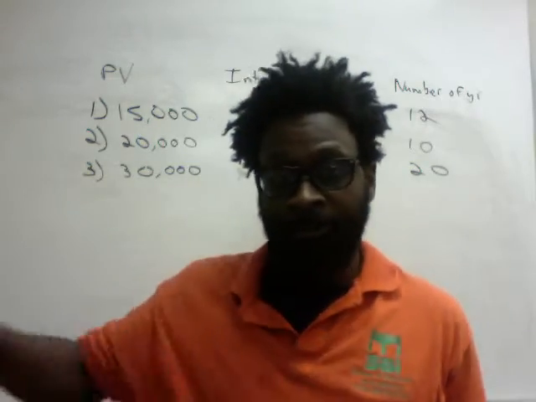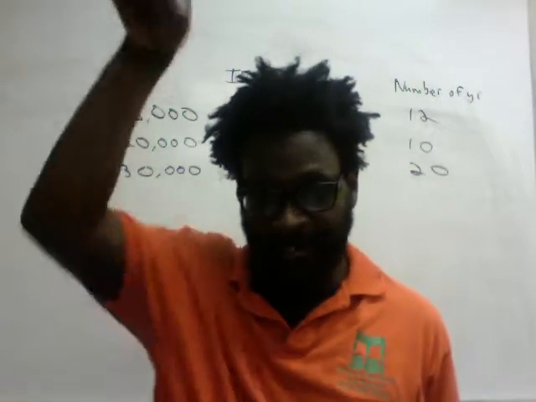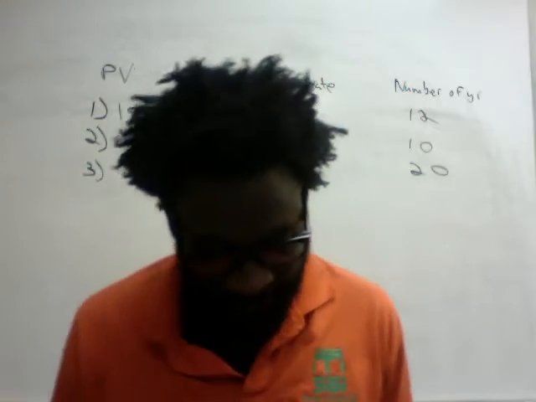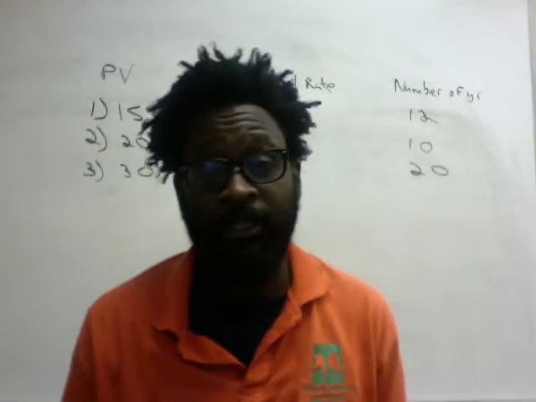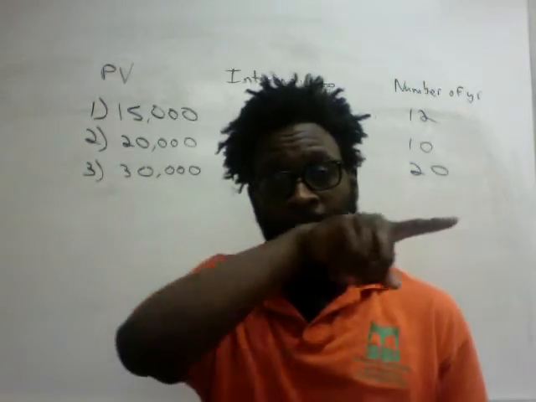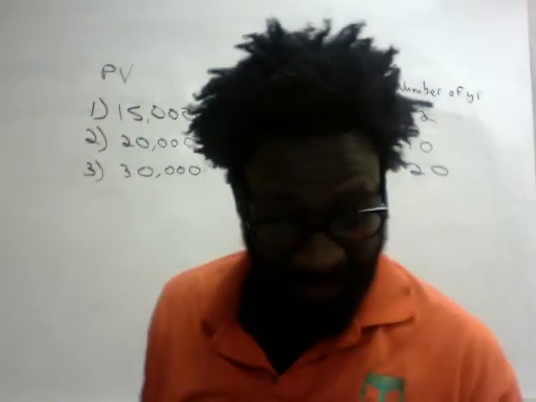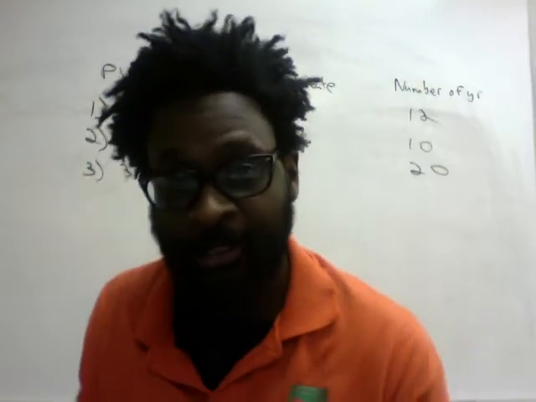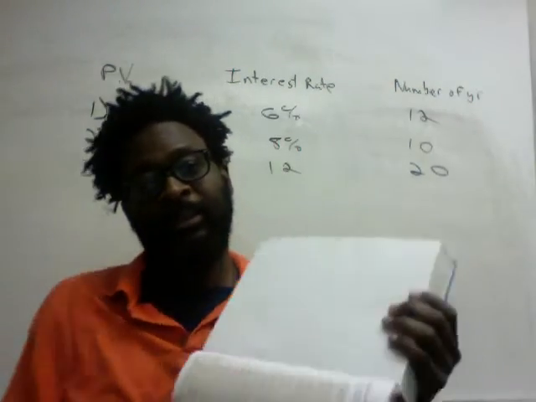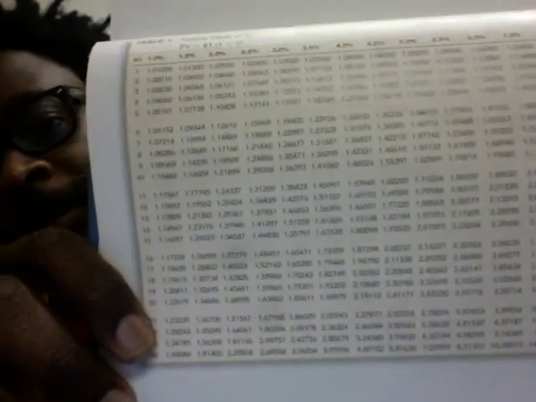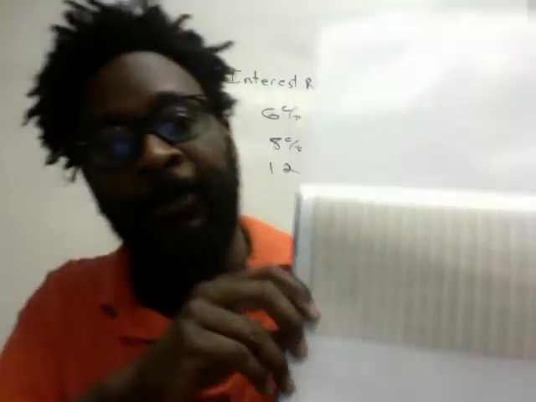If you look at the column titles, they give you the interest rate that you need. If you look at the rows, the row title will give you the period, right? So I'm going to try to zoom in on this. The lighting is horrible in here, but we're going to make it work, right?